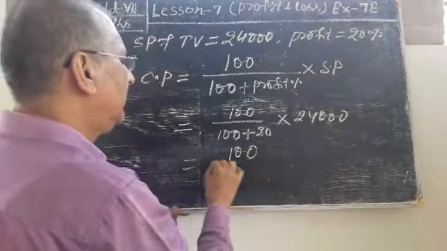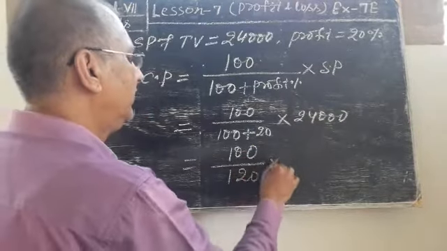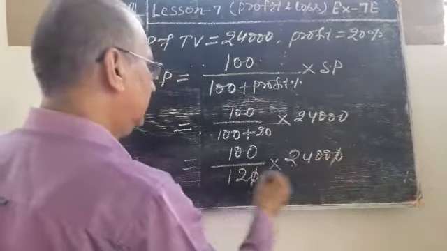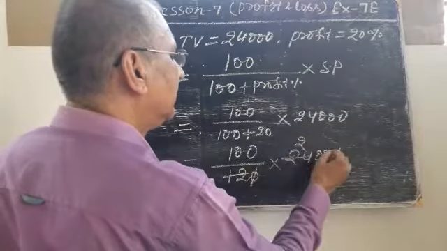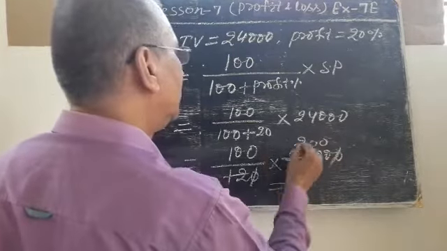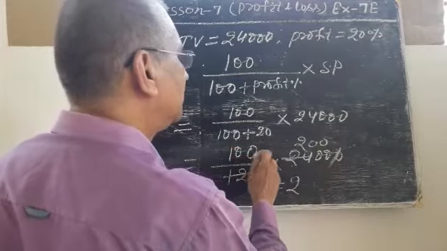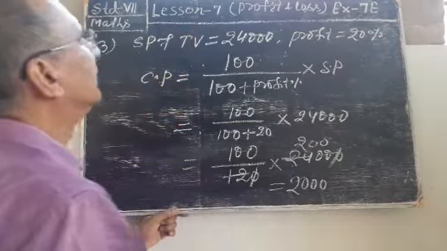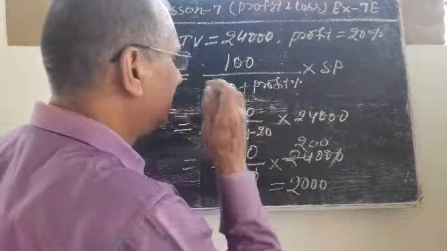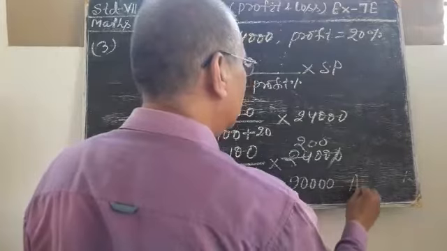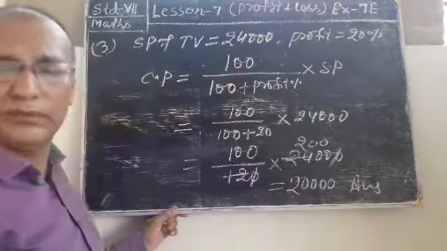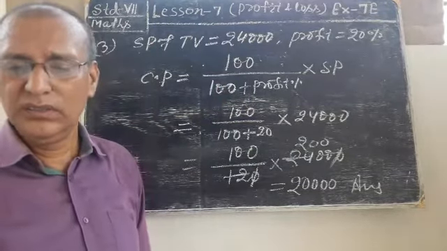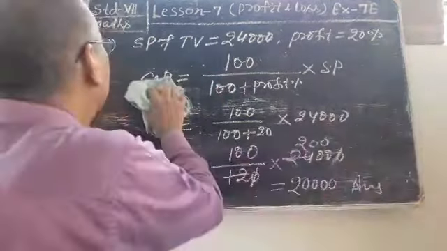This is equal to 100 by 120 into 24,000. Simplifying, we get 20,000. So this is the CP of the TV.